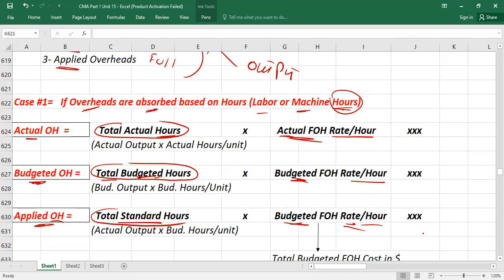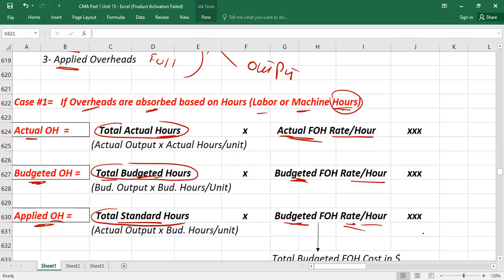Actual hours multiplied by actual rate is actual overhead. Budgeted hours into budgeted rate is budgeted overhead. Standard hours into budgeted rate is applied overhead.